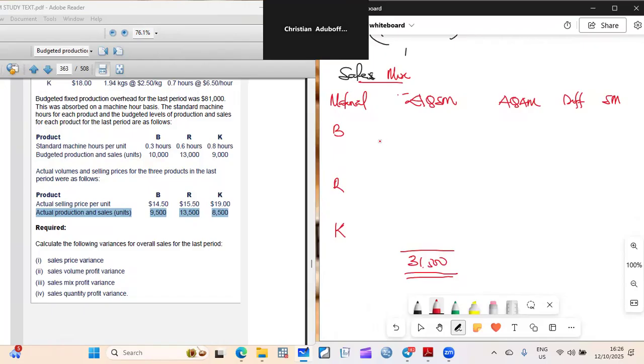So AQSM, you know SM, standard mix. What is the standard mix? Which one do you think is the standard mix? This is your standard mix, the standard budgeted mix.